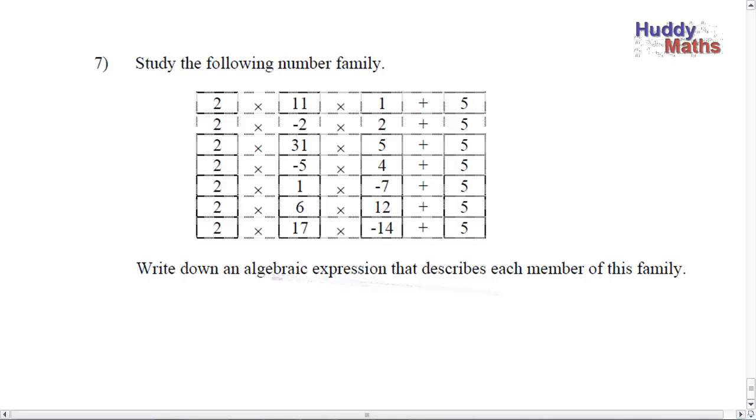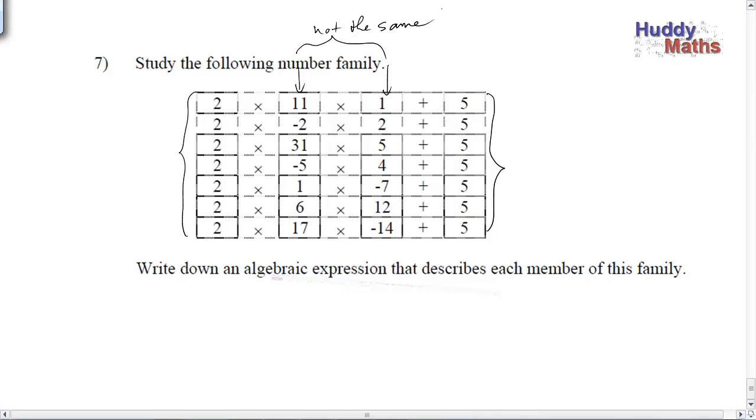All right, coming back. Do you notice that in each of the members they were generated by the same things here? The timesing by 2 and the adding 5. But oh, hang on, there's something going on here. They were varying, but they weren't varying together. They're not the same here, but both are varying.